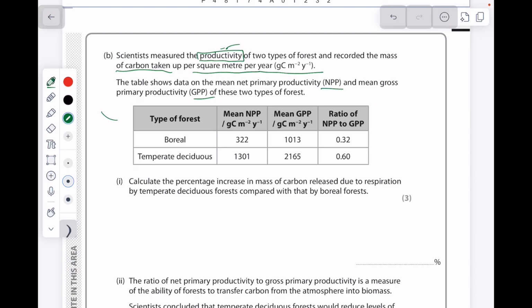When I get a table, I first try and understand what the table is showing. So I've got 2 types of forest, and then we have the NPP, the net primary productivity, the GPP, and the ratio of the 2. So what do these numbers mean?